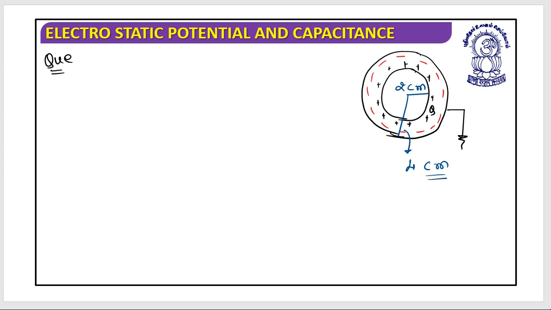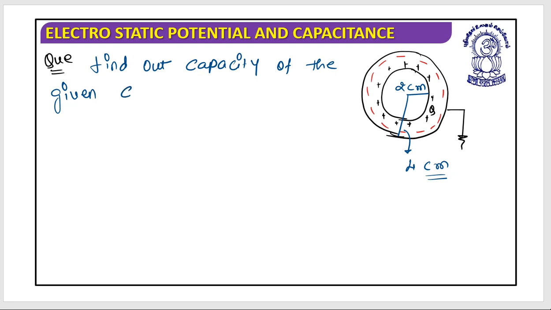We have been asked to find out the capacity of the given construction, or I should say the given capacitor. So what I know is that C should be equal to 4 pi epsilon naught into AB divided by B minus A, where B is the outer radius and A is the inner radius.